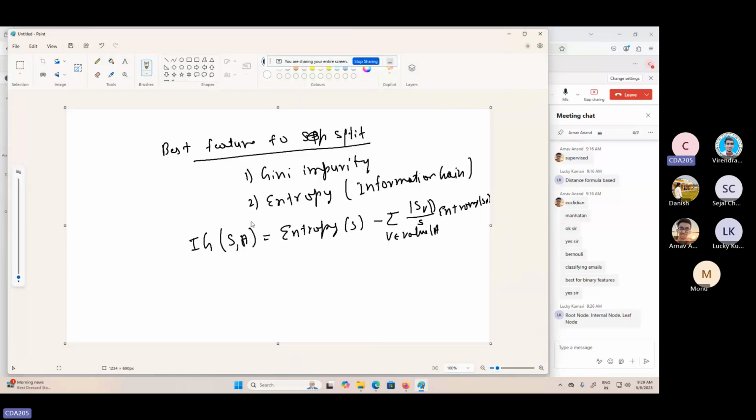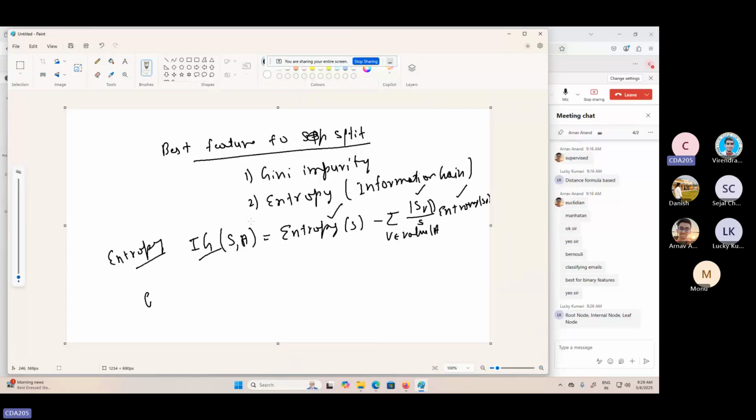So whenever we are talking about the information gain, it is the entropy of the parent minus the weighted average entropy of the children. This is based on the entropy.